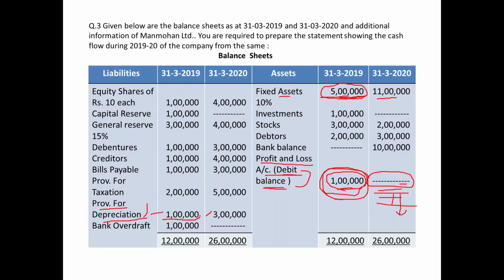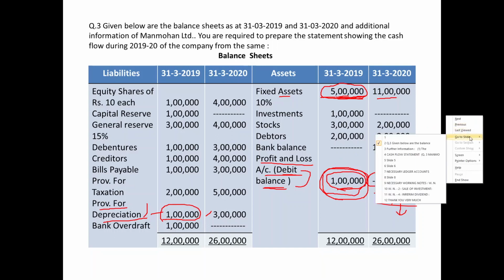This is the accumulated depreciation of so many years. Fixed assets opening balance is 5 lakh, accumulated depreciation opening balance 1 lakh. Let us prepare a working note for this transaction and apply the characteristics that we already discussed for this depreciation fund system.